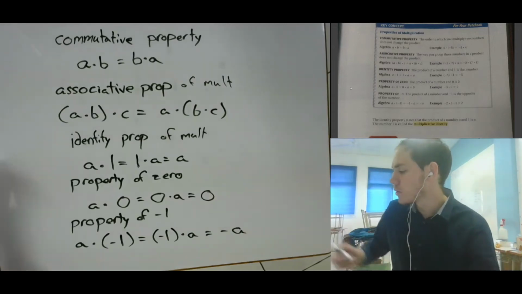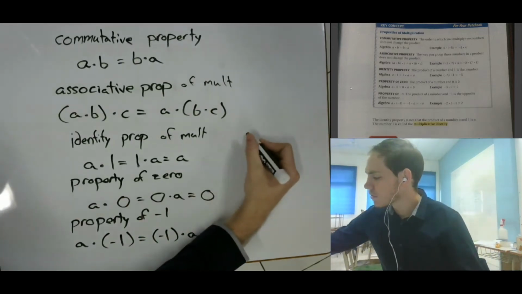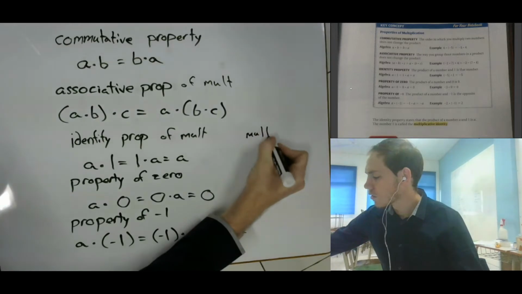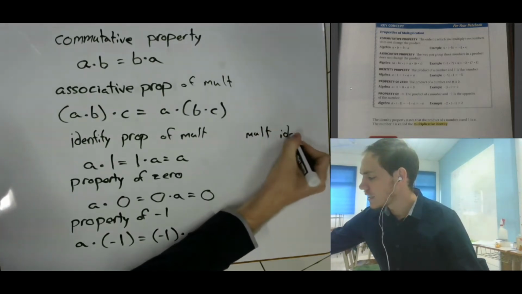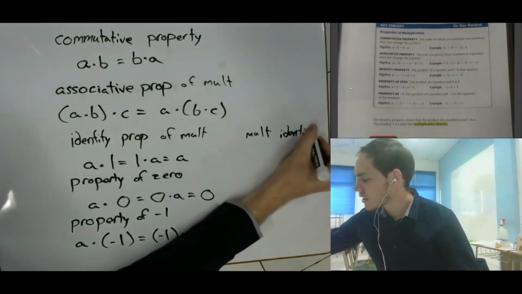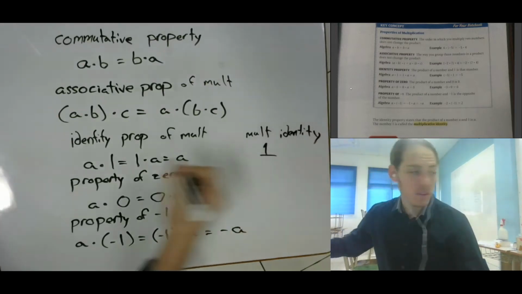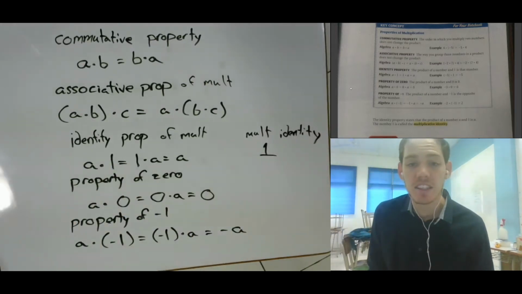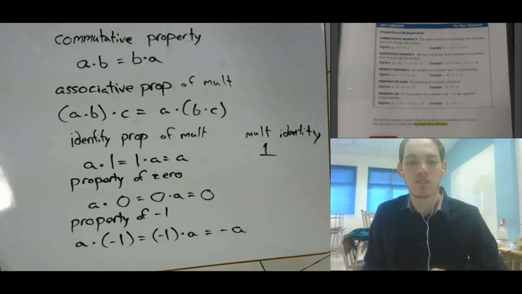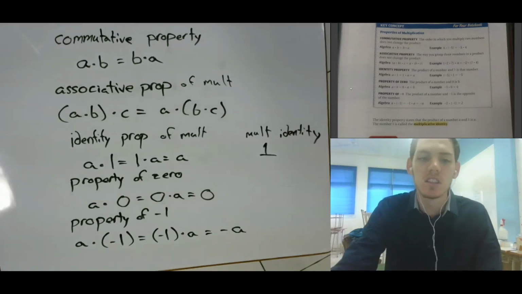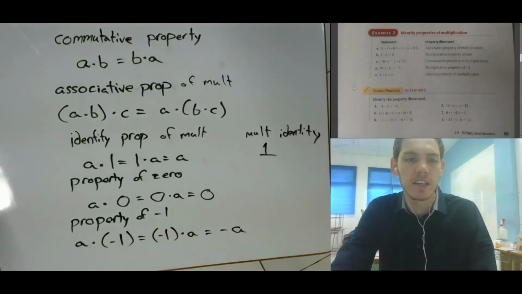Again, what's our multiplicative identity? Well, this is simply going to be 1, okay? Our multiplicative identity is 1, okay? Just a reminder, it's going to be the number 1, okay?